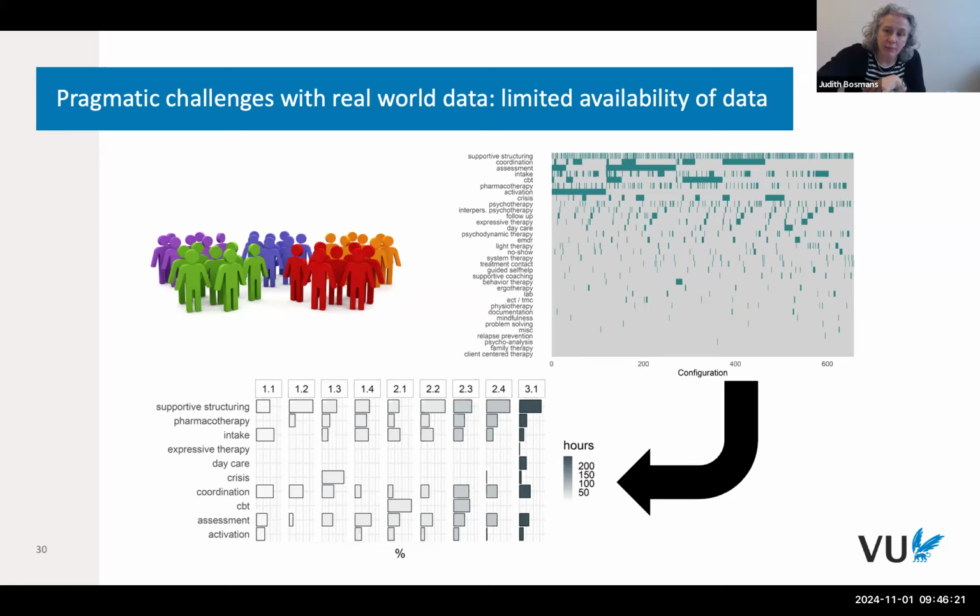And these 9 columns are the different treatments that we distinguished within the data. But it can be very complicated to do that if you have real world data. If it's about whether patients received a specific drug or not, then it's easier. But in settings like the mental health care setting, it can be rather complicated to identify patients who did or did not receive the treatment that you're interested in.